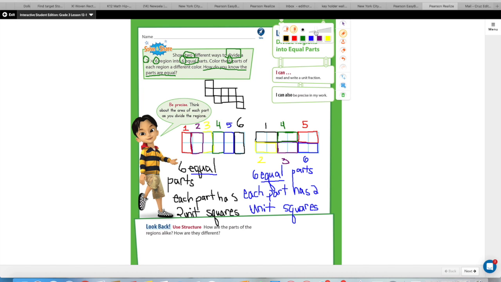I'm going to see if you guys can figure out what the mistake is. All right, so this is the first part of the 6 equal parts. I'm going to color it in. So this is one part. This is 2 parts, or the second part. So we have one yellow part, one red part. We have one green part.